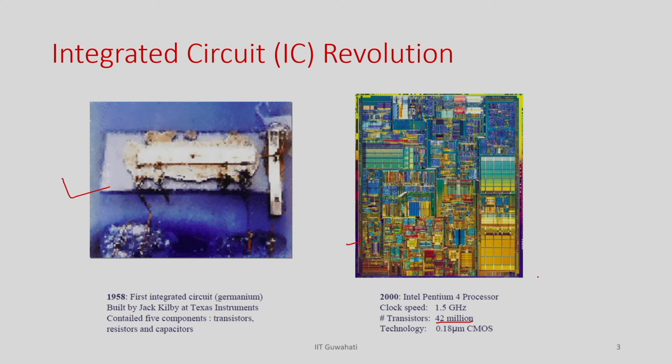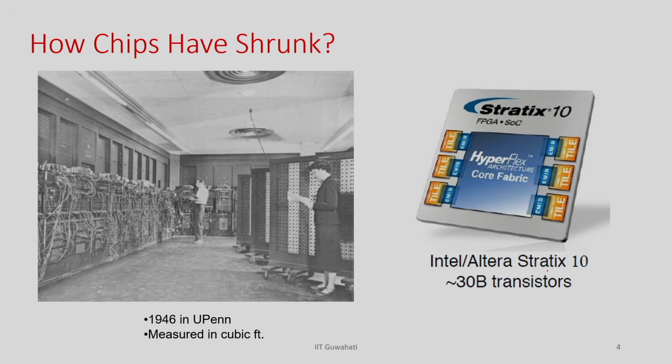From a tiny single transistor which is almost 2 centimeters wide, we can now pack millions of transistors into a very small die. There are some other funny pictures here. This is supposed to be the first computer. You can see its size, which is measured in cubic feet.